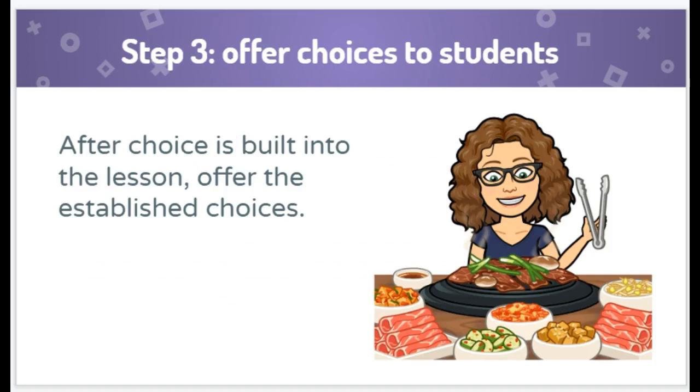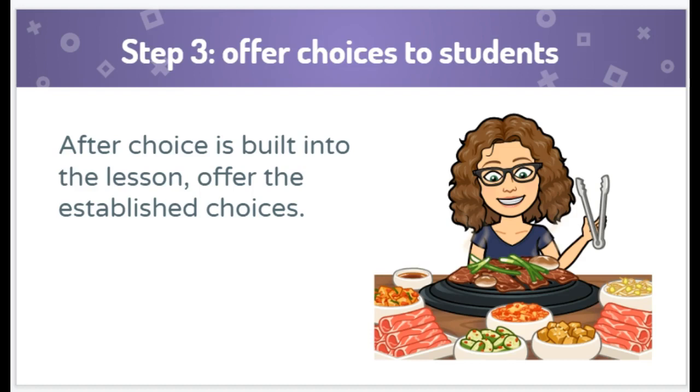Once we build some choice into the lesson, we want to think about if those can be established choices over time. So the example in the prior slide was about a language arts lesson and a series of novels, but the same can be true in math content or science and social studies content, where I know that there are going to be similar activities based on the curriculum that we've chosen or how our grade level has chosen to teach a specific set of standards, and that I can give those established choices for students over time.